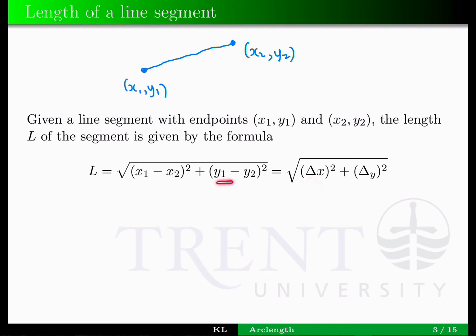And of course, if we think of y1 minus y2 as the change in the y coordinates, then we just put it as delta y. This one here should have been a bigger Y, so it's not a subscript.